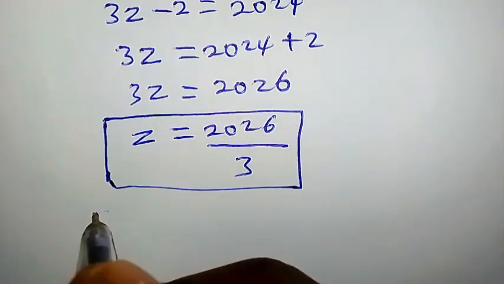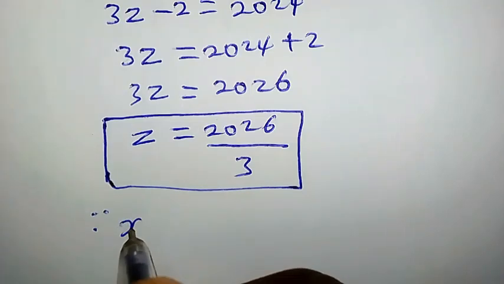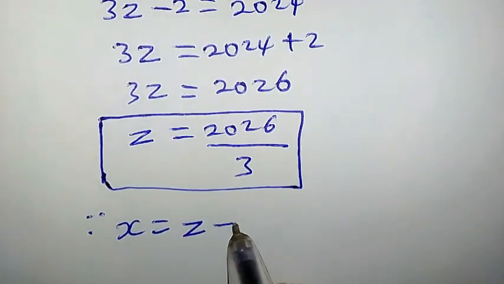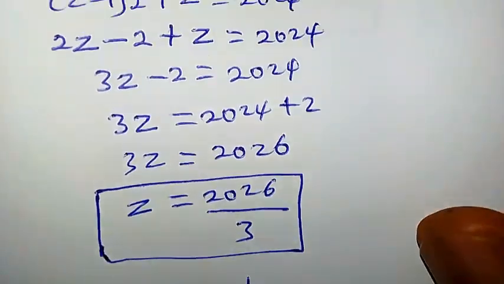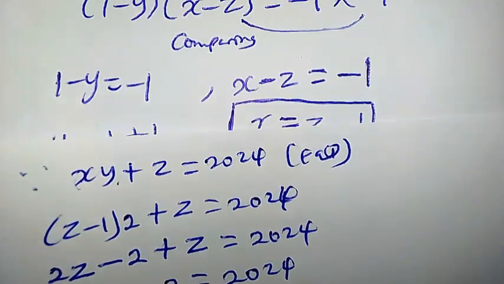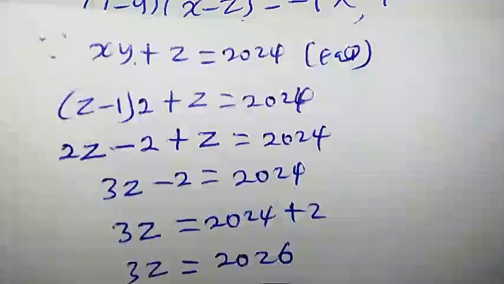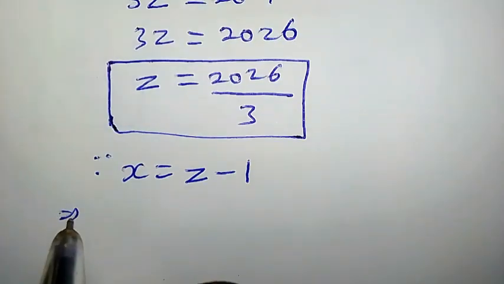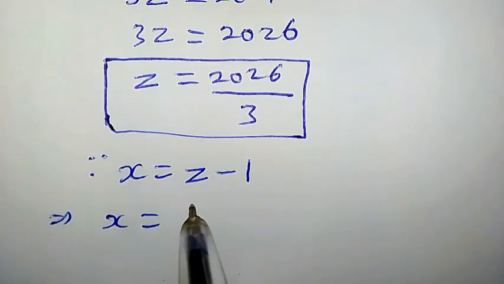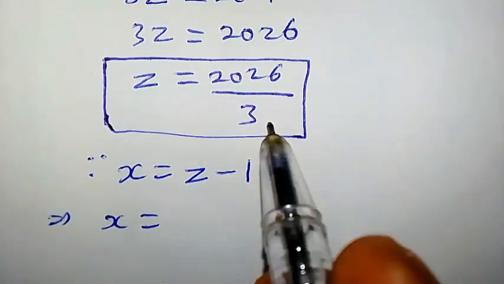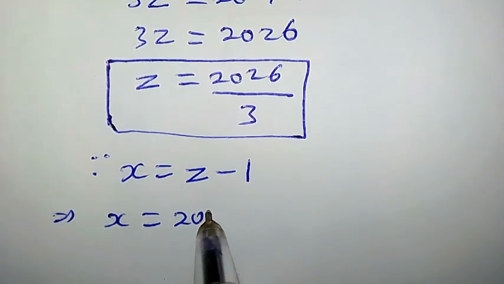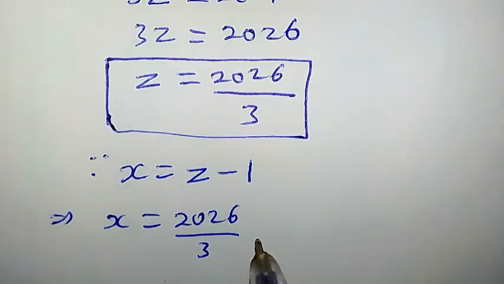Let's continue. Since x is equal to z minus 1, x equals z minus 1. This means that x is equal to, what is z? z is 2026 over 3. So we have 2026 over 3 minus 1.